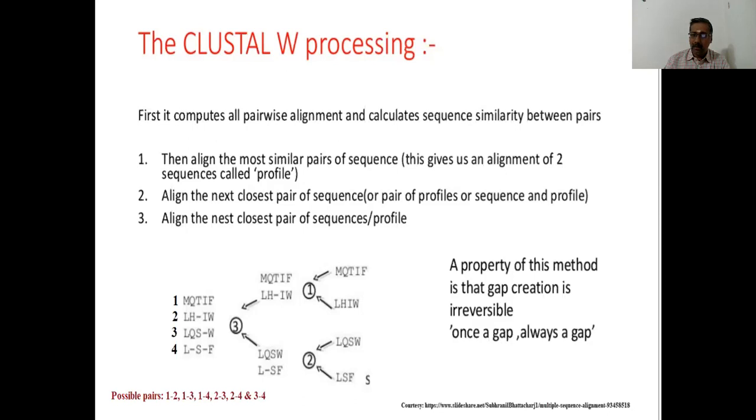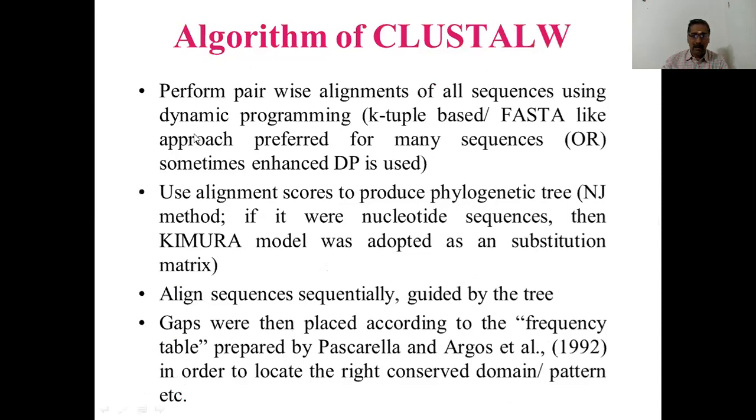Use the formula n into n minus 1 by 2, where n is equal to the total number of sequences. So here there are 4 sequences, so 4 into 4 minus 1 by 2, which is equal to 6 pairs. So now you can see 6 pairs projected here. So first we will calculate the pairwise score. Now you see this is the first step in the CLUSTAL W algorithm of multiple sequence alignment.